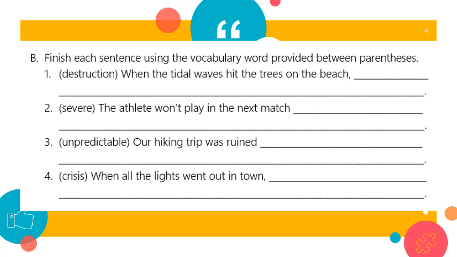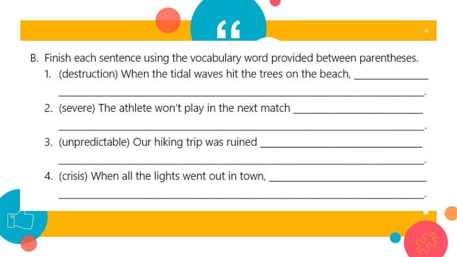Exercise B, finish each sentence using the vocabulary word provided between parentheses. I have to finish the sentences using the word between parentheses. These are the rest of the words, the other 4 vocabulary words. Number 1, we have to use destruction.